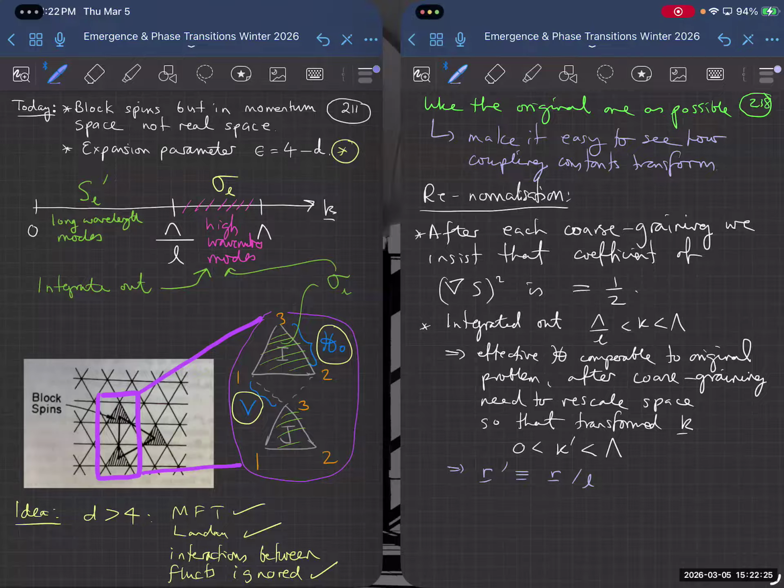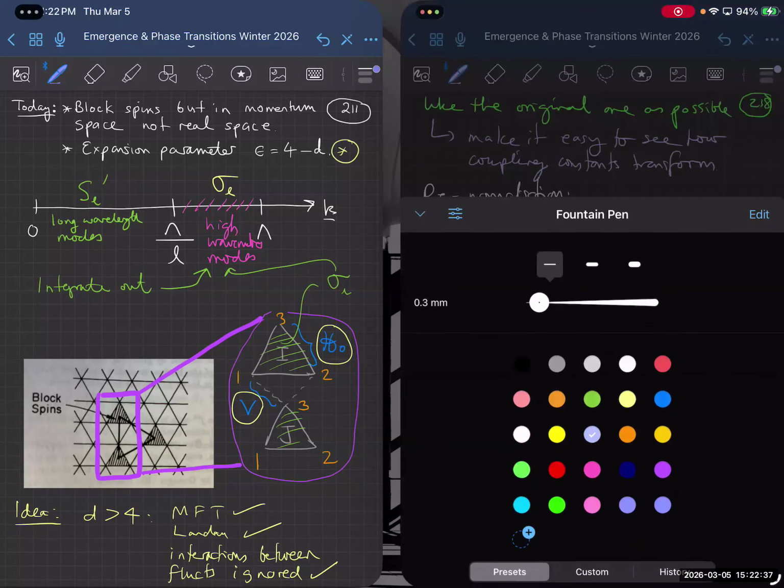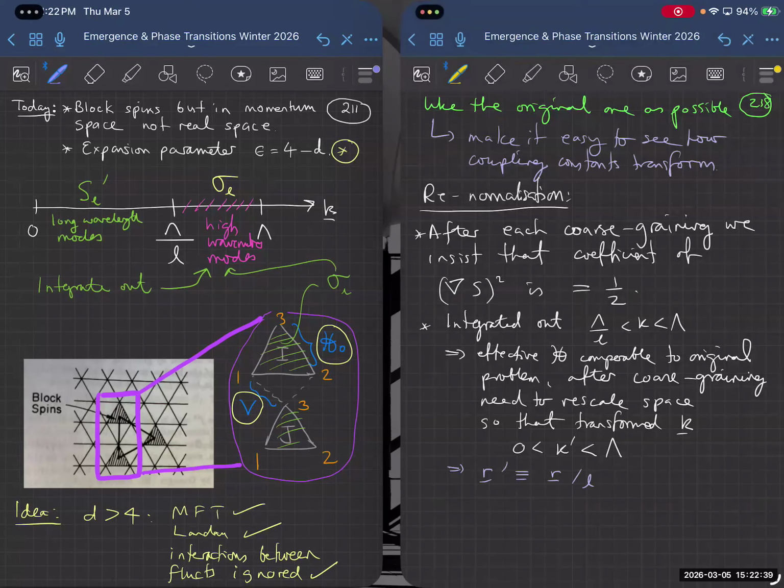And so this way, we get our original Hamiltonian defined on the same variables and the same spatial dimension as the original problem. Now, why is this non-trivial? Well, this introduces an interesting problem. This rescaling is non-trivial because we're rescaling in space.